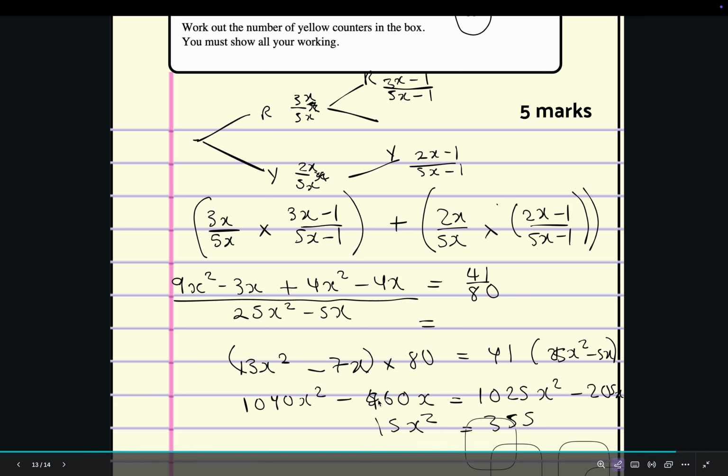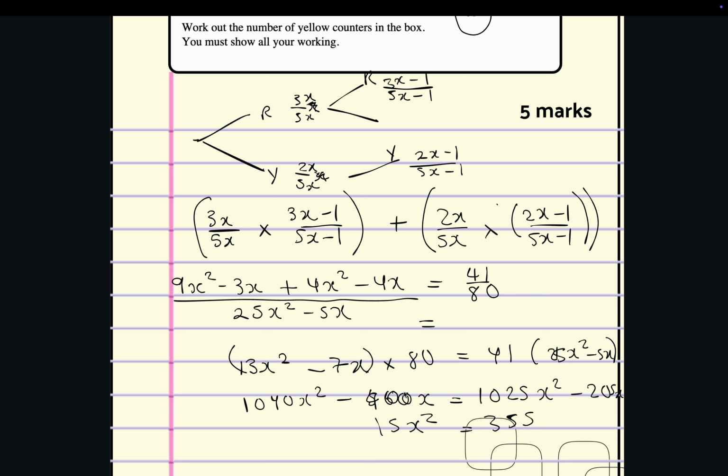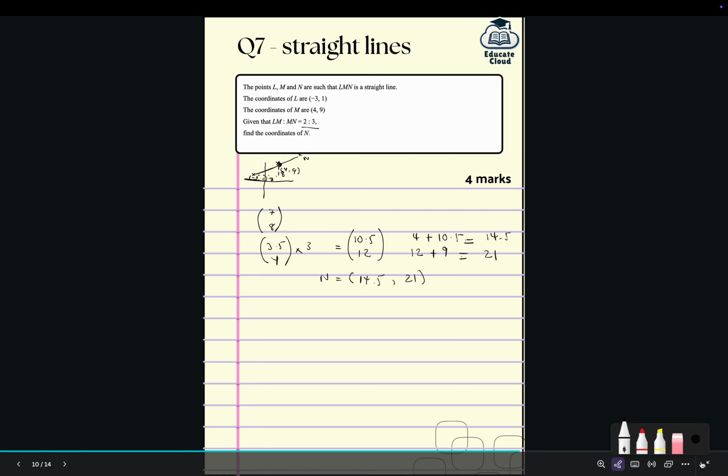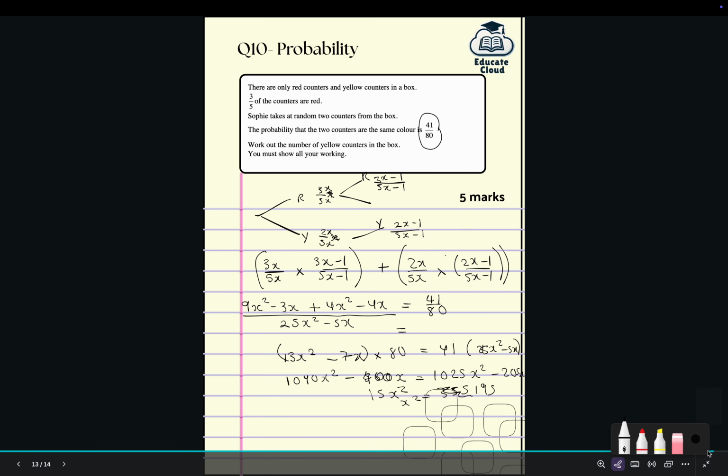Yeah, that should be minus 400. So minus 205, add 400. That is 195, and then 195 divided by 15 is 13. X squared is 13. Whoops. I'm not having a great end to this session, am I? But the answer is x is equal to 13.